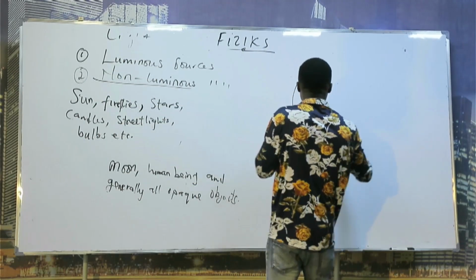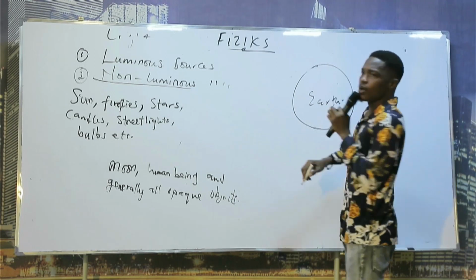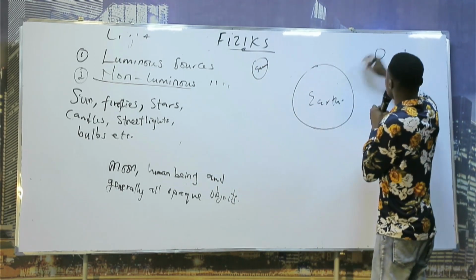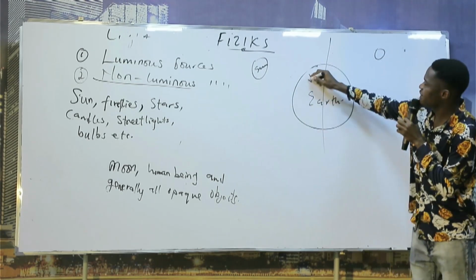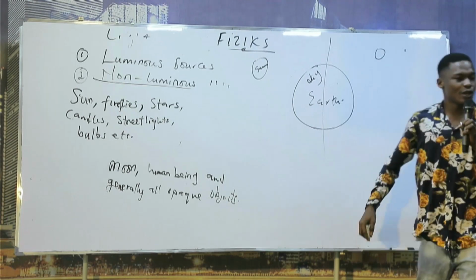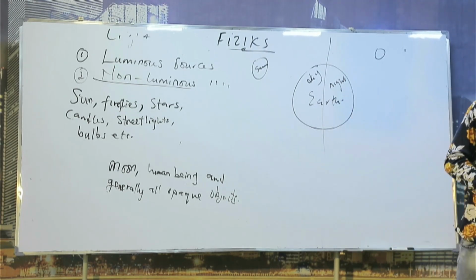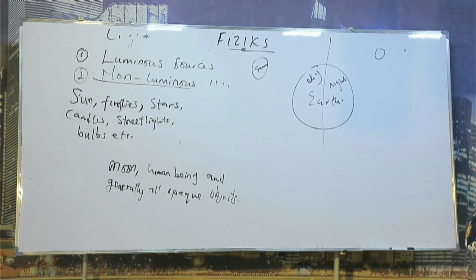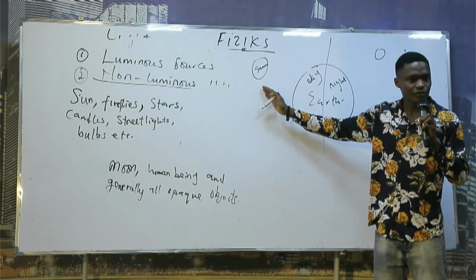If this is your earth, for instance, the sun is somewhere here, and your moon is probably here. Those people facing the sun have day, and those people not facing the sun have night. Now we are facing the sun. In the night, we will rotate and stay on the other side, and we will no longer see the sun.